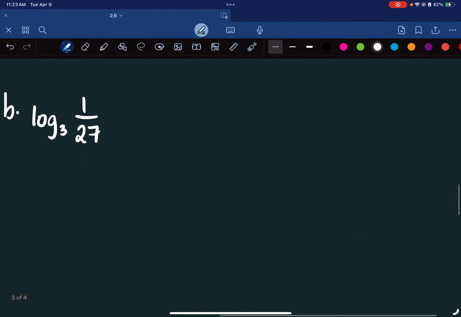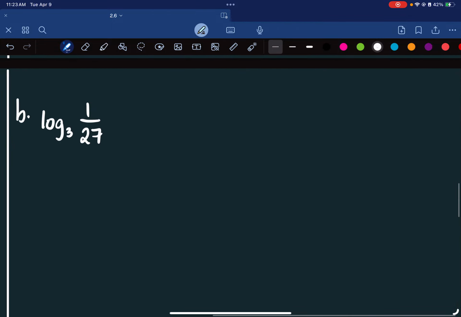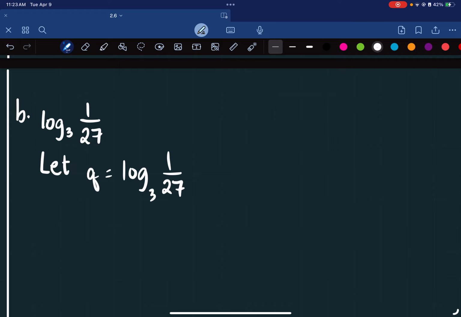Let's do letter B. So for letter B, we have log of 1 over 27 base 3. So same process, we can let's say q be equal to log of 1 over 27 base 3.